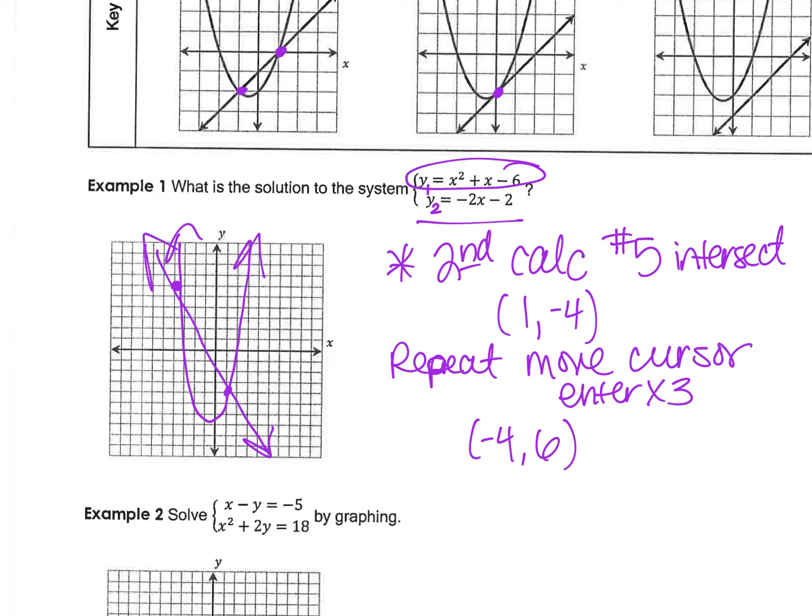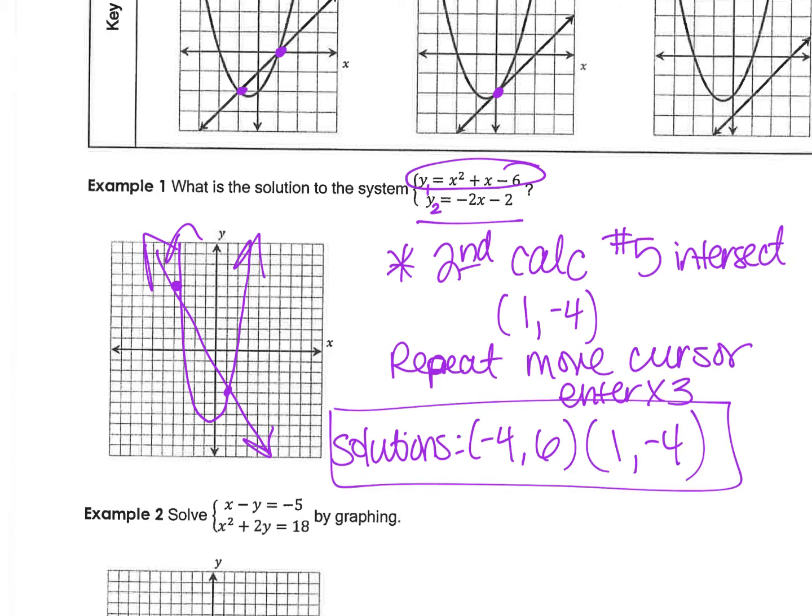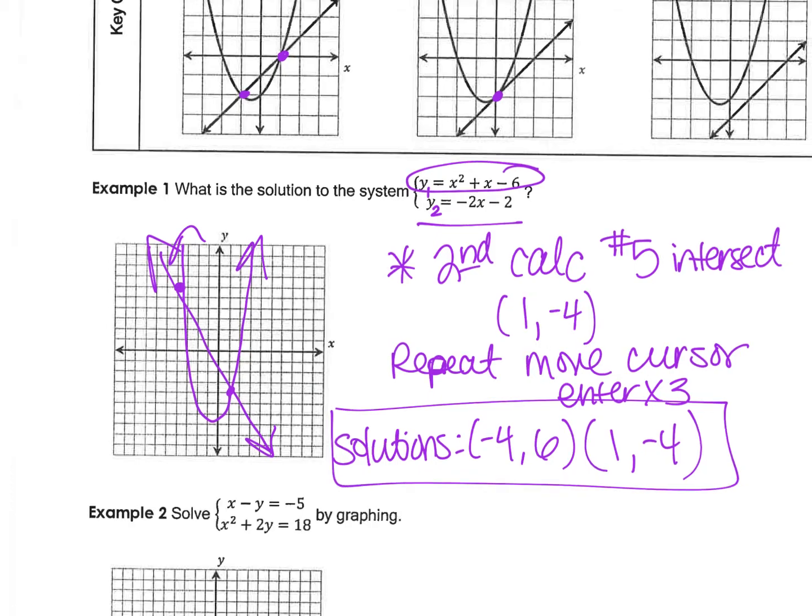You're trying to find the points that they have in common, so your solutions are the points of intersection. That's the solution we're looking for there. So when you're solving a system, remember you're trying to find the points they have in common. Again, you're using a calculator. You're typing one of them in Y1, it doesn't matter which one, and the other one in Y2. Then you find second calc intersect. You'll have to repeat and move your cursor to the other one before you can find that second one.